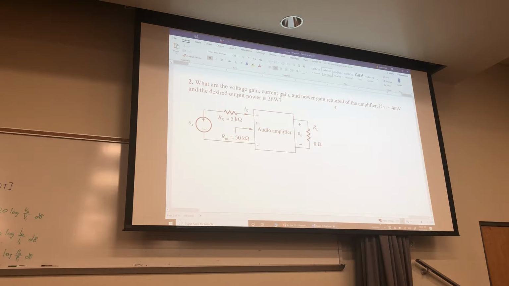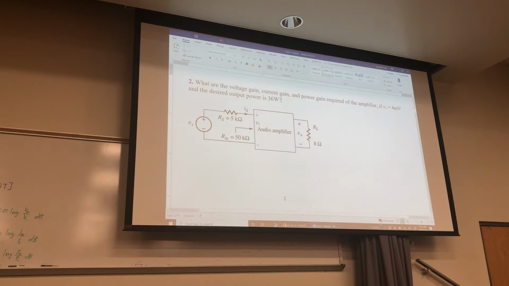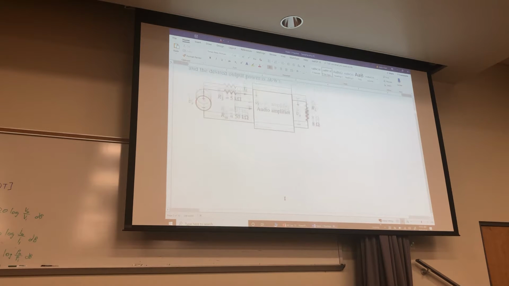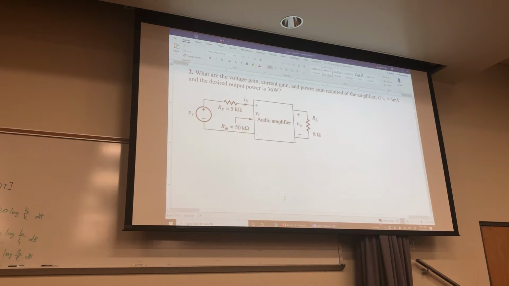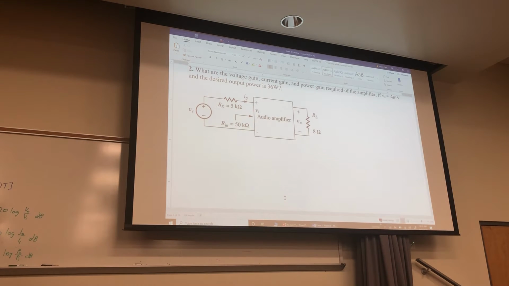What about this? Are you guys okay with this right here? On this one, you're looking at the voltage gain, power gain of the amplifier, and power being delivered to the resistor. One thing to be careful about, I was looking at the book: sometimes you have to think about exactly what is the output and input.